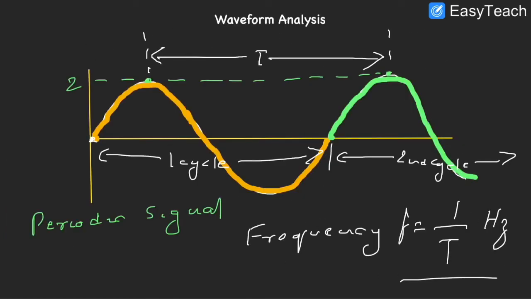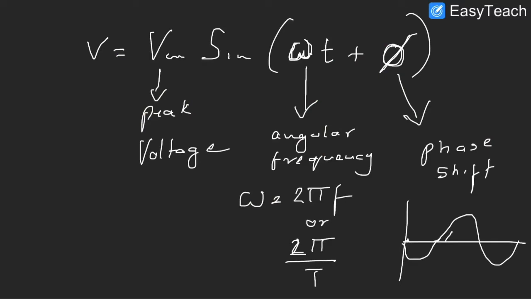But before that, let's do a quick recap. This is a periodic signal. The time it takes to reach the original point is called the time period. The number of cycles in 1 second is called the frequency, and it's just 1 over your time period. And we saw what a peak voltage is, the general expression, and that this sine can also be a cosine.